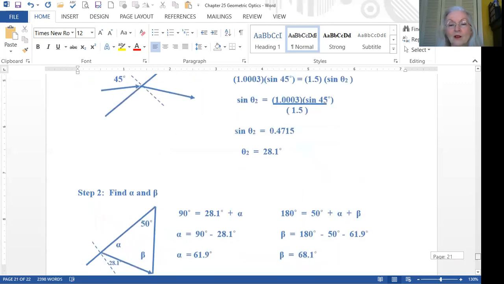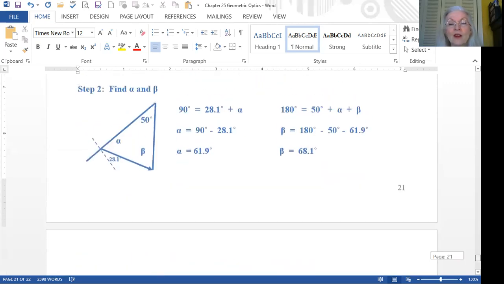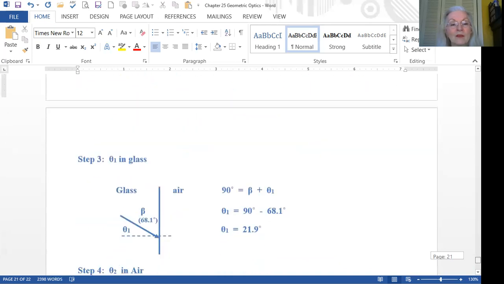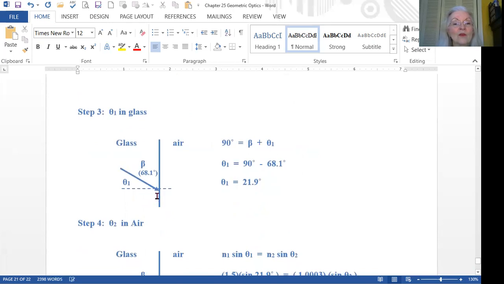Okay. So moving back down, we found that beta was 68.1 degrees. Now, we know that beta plus our new theta 1 that we want to find have to add up to 90. So theta 1 is 21.9 degrees. That's the angle that the light makes when it goes through the glass and then exits into air.